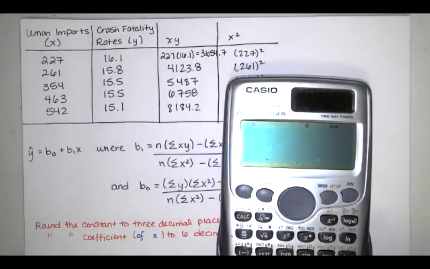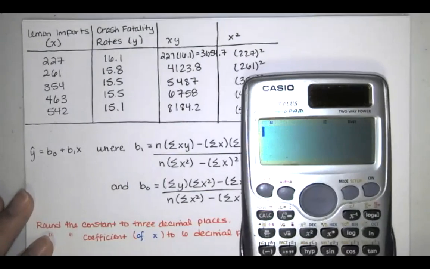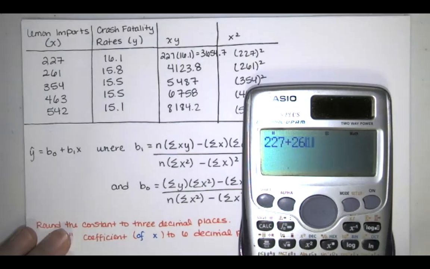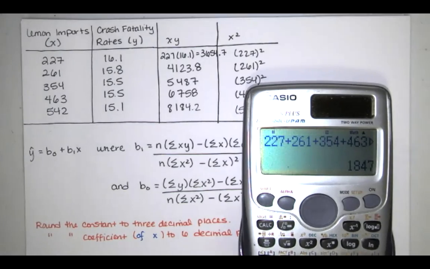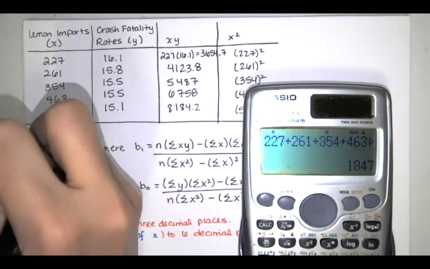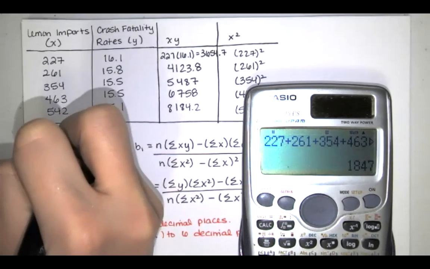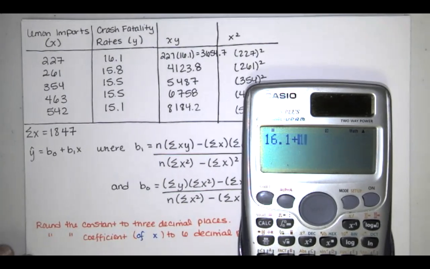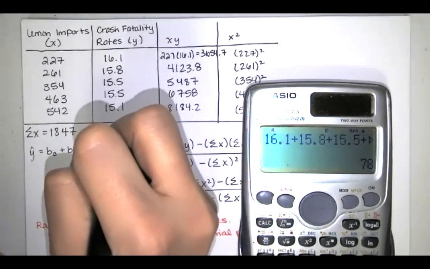If I'm adding up all of my x values, this is what I get. I've got 227 plus 261 plus 354 plus 463 plus 542. So the sum of the x's is 1,847. The sum of the y's is 16.1 plus 15.8 plus 15.5 plus 15.5 plus 15.1. So that's 78.